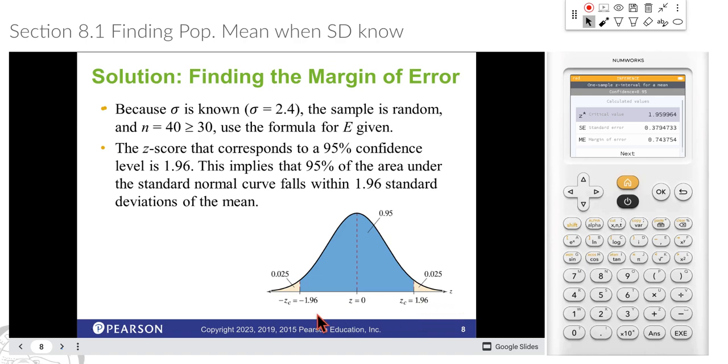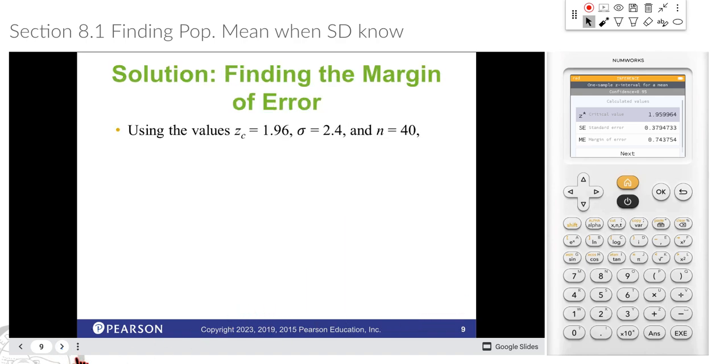So we've got this setup and we put in our values. If we had used the formula to calculate it, we would have taken those values and got 0.7. Notice we did get 0.7 for our margin of error.